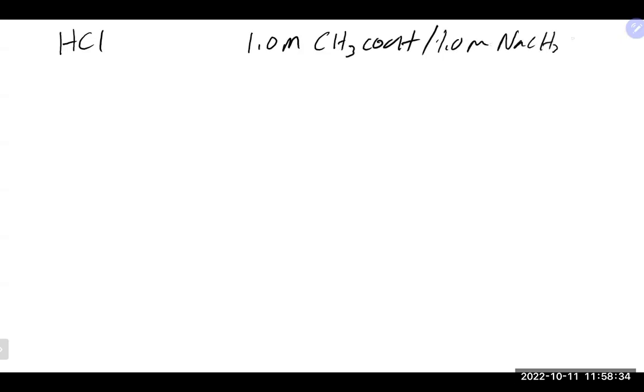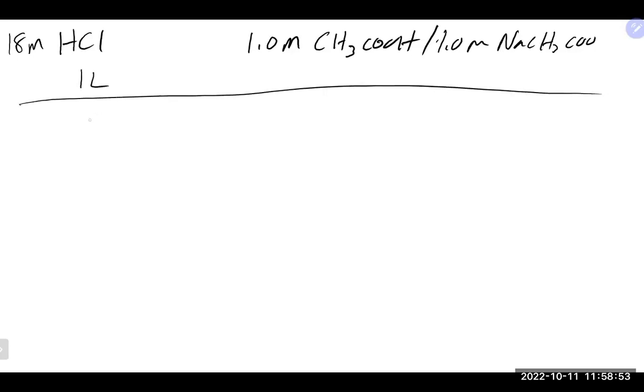So we had our same buffer, our 1 molar acetic acid and our 1 molar sodium acetate. And maybe instead of the 0.1 molar HCl, you grabbed out like the 18 molar HCl instead. It happens. It kind of looks similar, right? And we'll still keep everybody at 1 liter just to keep the numbers nice and simple.